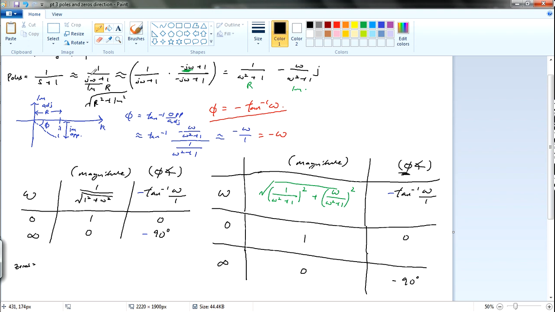Nonetheless it's 1 divided by this is the thing. In this case, since the real is actually 1 square plus, take note of one thing: the j will be removed. j is just stating that this is imaginary.